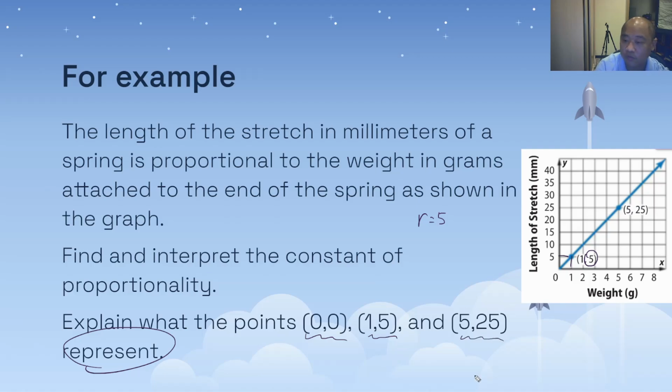And at 5, 25, that means that there's 5 grams of weight, and it's stretched 25 millimeters. Did I say that wrong the previous time? I think I did. The first one is the weight, and the second one is the stretch.